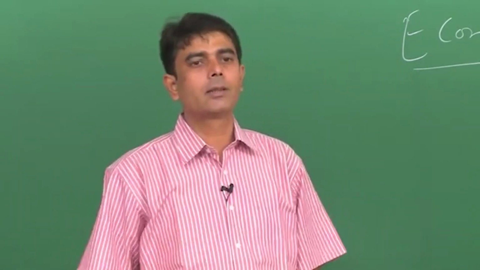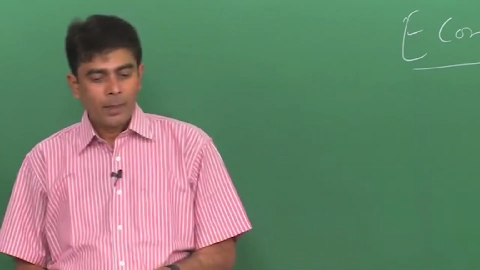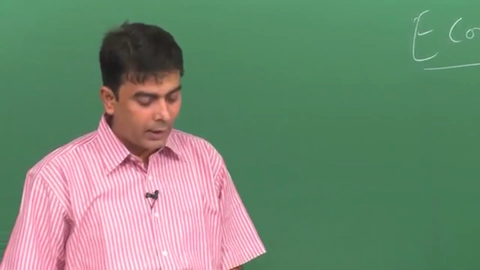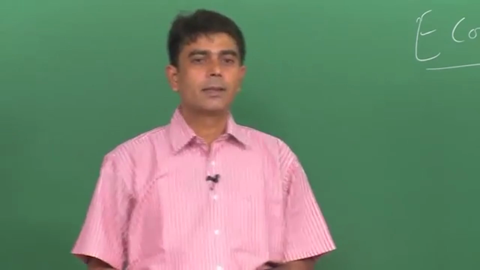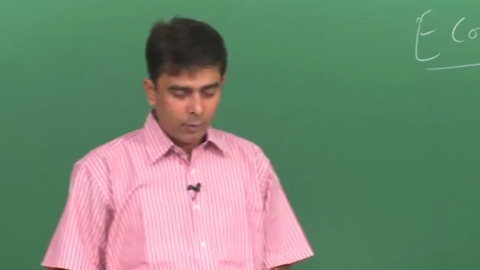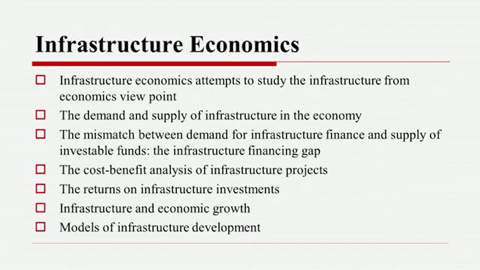We are going to discuss this aspect also, but I thought it is better to first introduce the meaning of infrastructure, and then after discussing this, it will be more appropriate to distinguish between the different aspects and types of infrastructure.